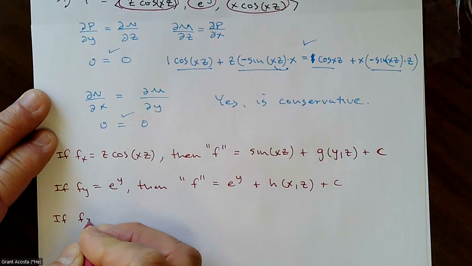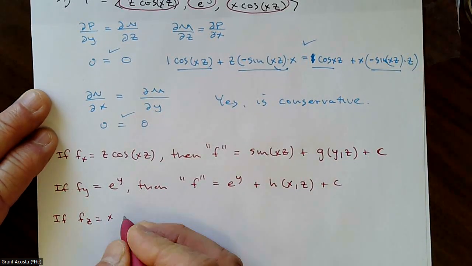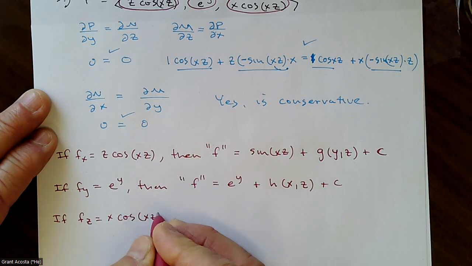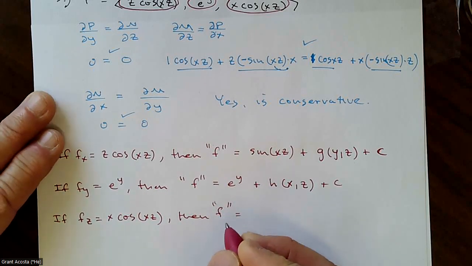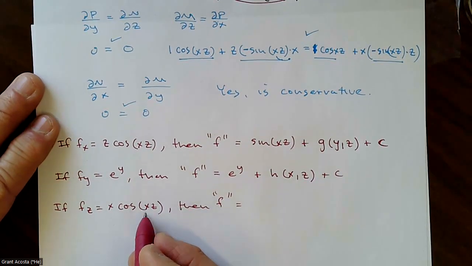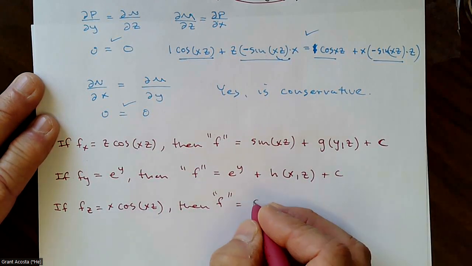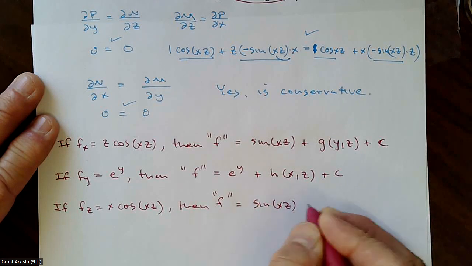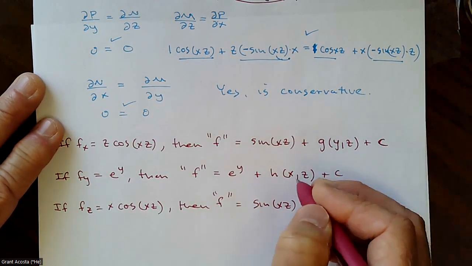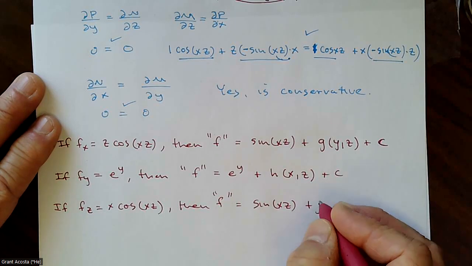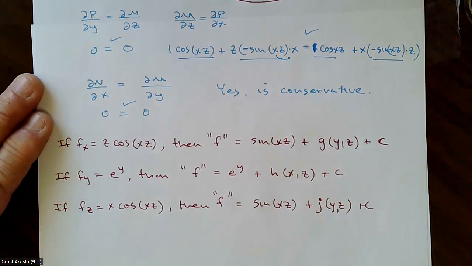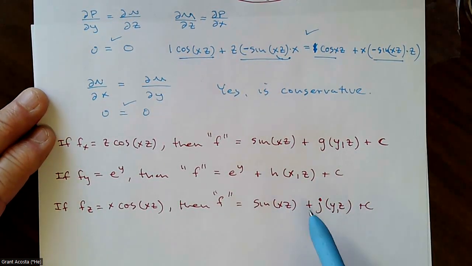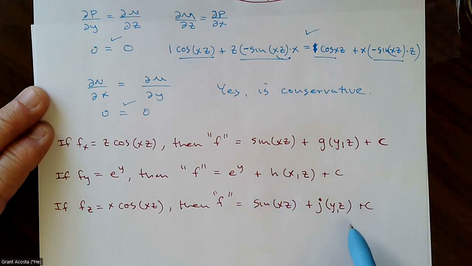And then finally, if f sub z is x cosine of xz, integrating this with respect to z, x will stay there, but it's going to be sine of xz over x, so it's going to be sine of xz, plus, let's see, how about j of yz? So what do we then know?